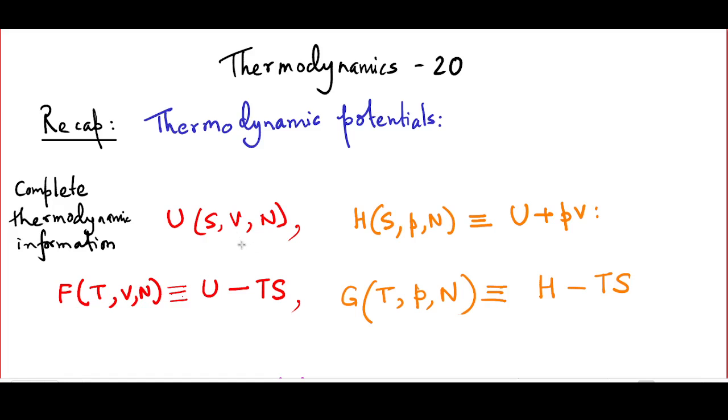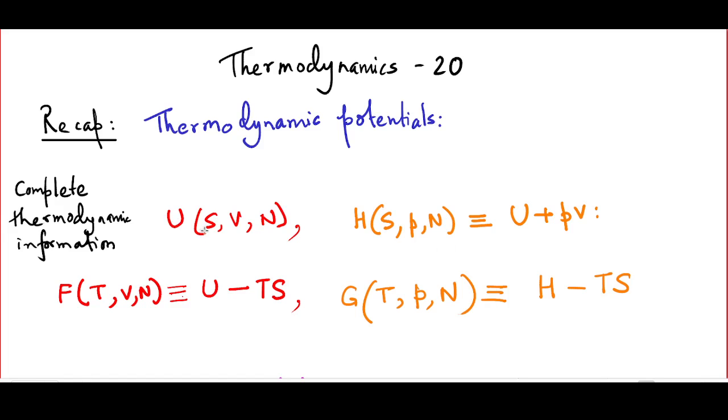So you can switch out V from U by subtracting from U the product of V and U's derivative with respect to V, which is minus P. And this leads us to enthalpy, H, which is U plus PV, and it's a function of S, P and N. When we say H is a function of S, P and N, what we really mean is that if you were to express H as a function of S, P and N, you would get complete thermodynamic information about the system, just as U as a function of S, V and N had complete information.